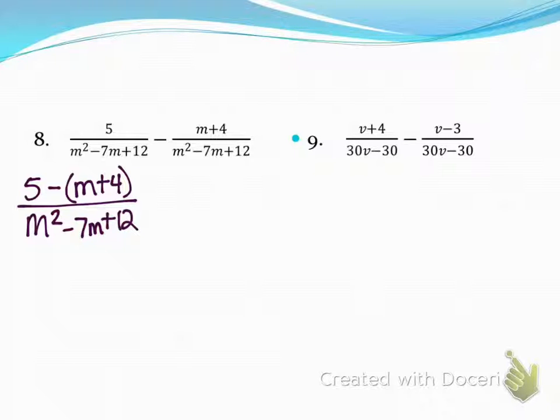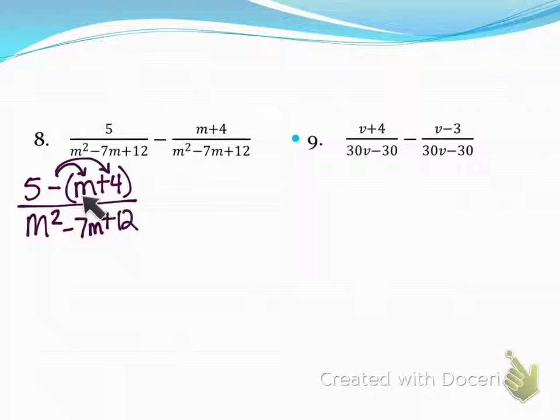When we're doing addition, I did not write parentheses around my second numerator, because addition does not change any signs anywhere. But if we are subtracting, remember that note said that we would have to distribute the subtraction or negative sign into the fraction. This is what they were talking about.